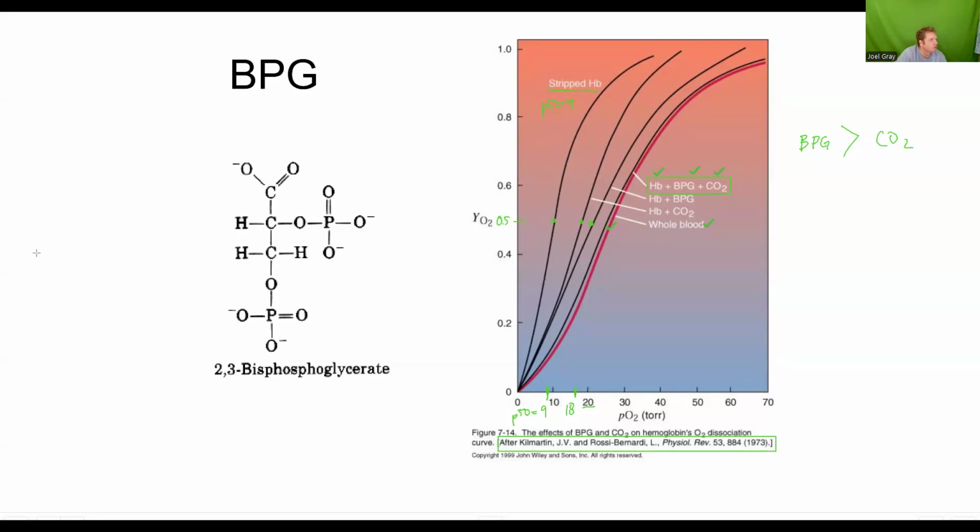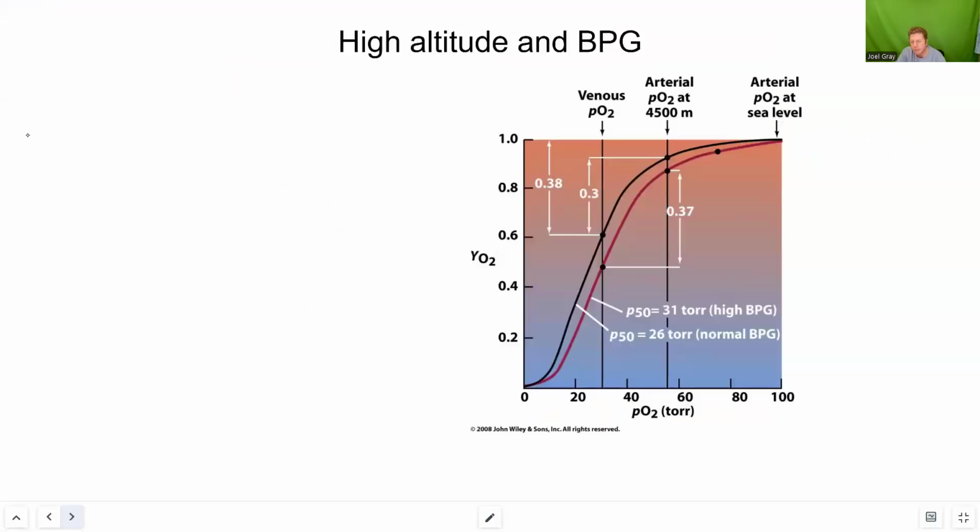Now, I kind of previewed this a little bit, in the sense that I talked about your oxygenated hemoglobin and your deoxygenated hemoglobin. And well, that's not really the case.